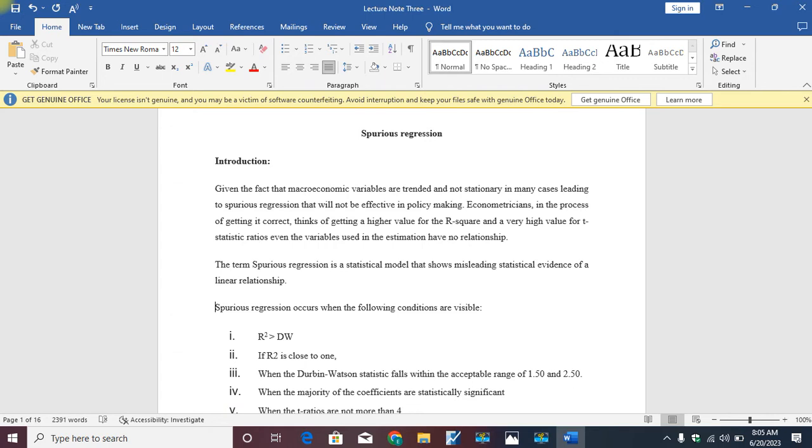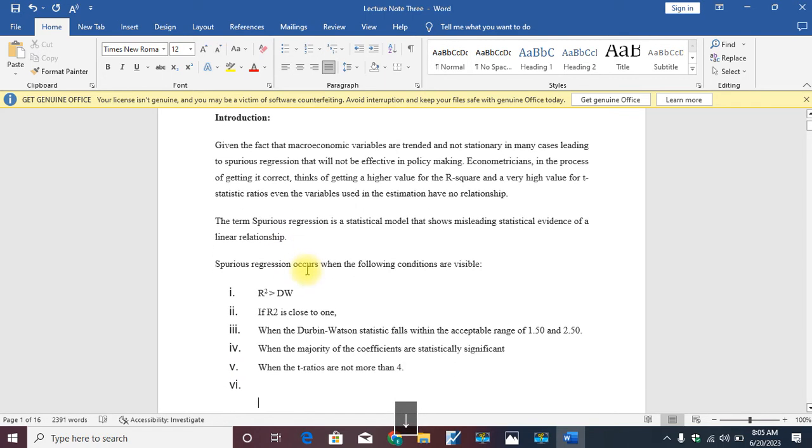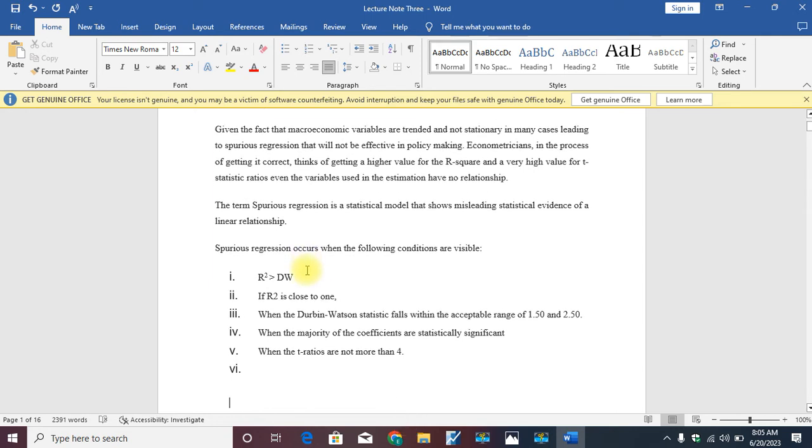So basically, to identify spurious regression in any econometric result is to look out for most of the items I have listed here.